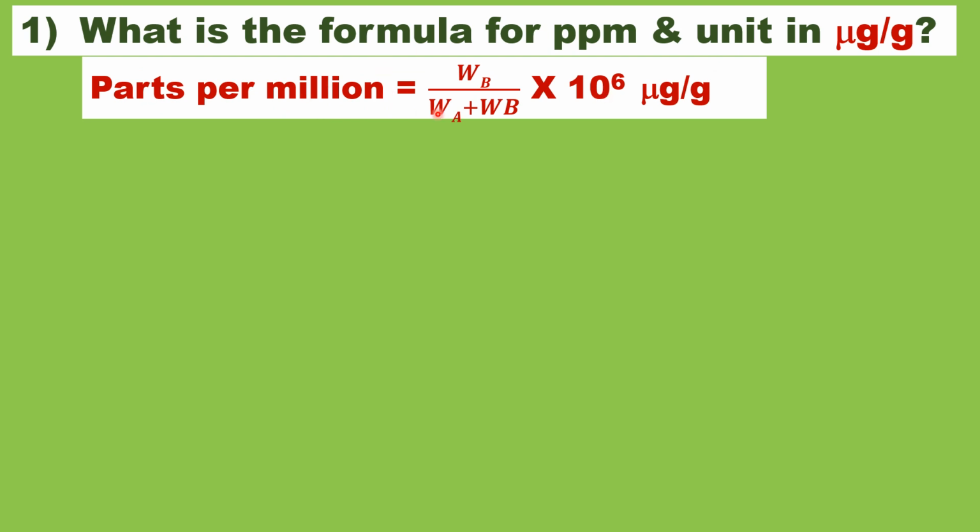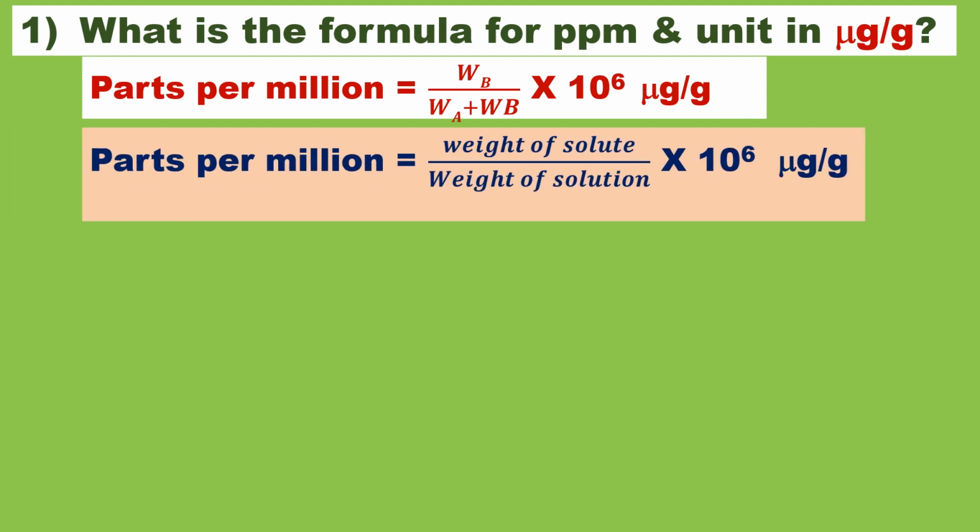So weight of calcium ion divided by weight of the solution into 10 power 6 microgram per gram. So weight of solute divided by weight of solution into 10 power 6 microgram per gram.